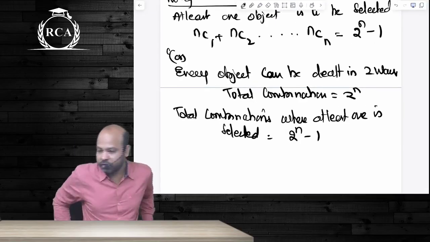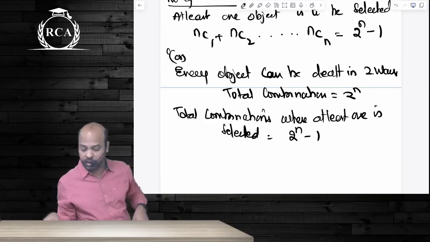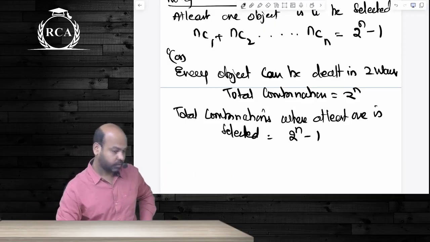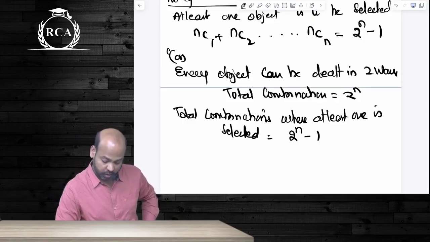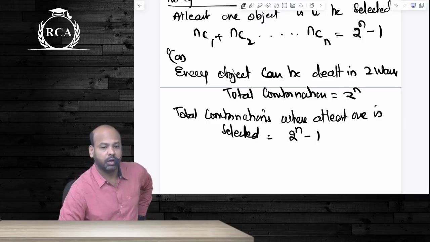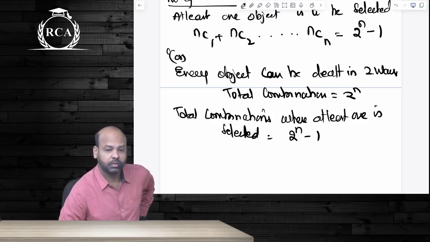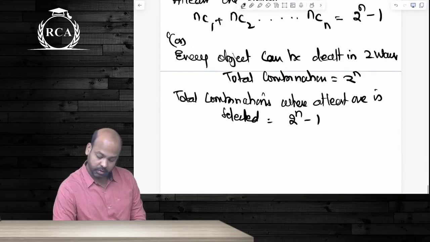Total combinations where at least one is to be selected, beta, will be 2 power n minus 1. Are we clear about this?